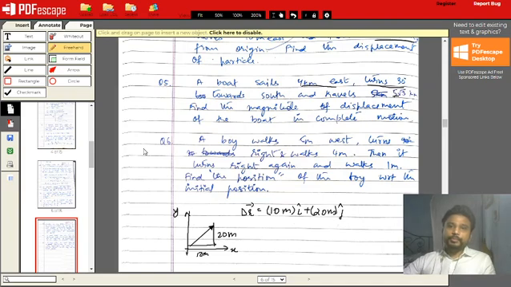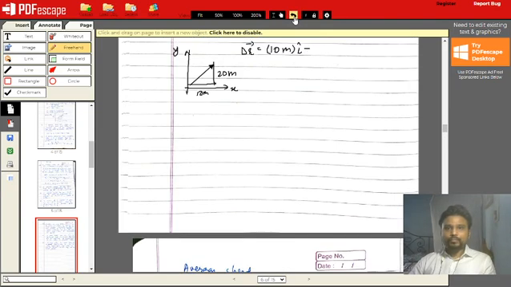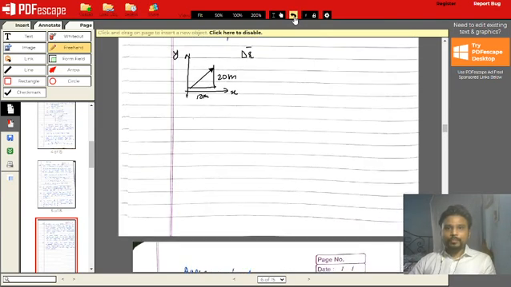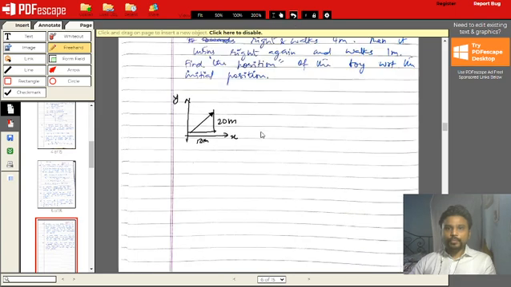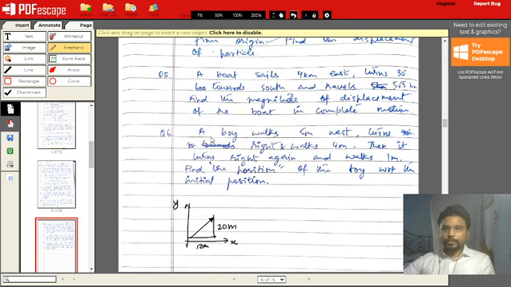Now, this is the problem for analytical addition of two vectors, where the boat has traveled some 4 kilometers east and 5 root 3 kilometers in this particular direction.